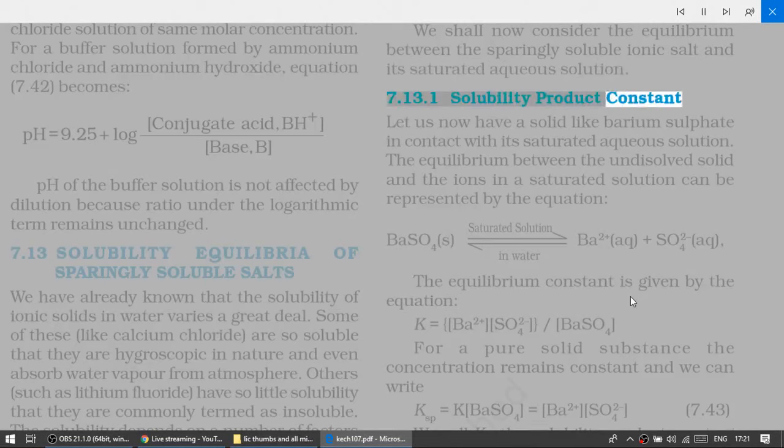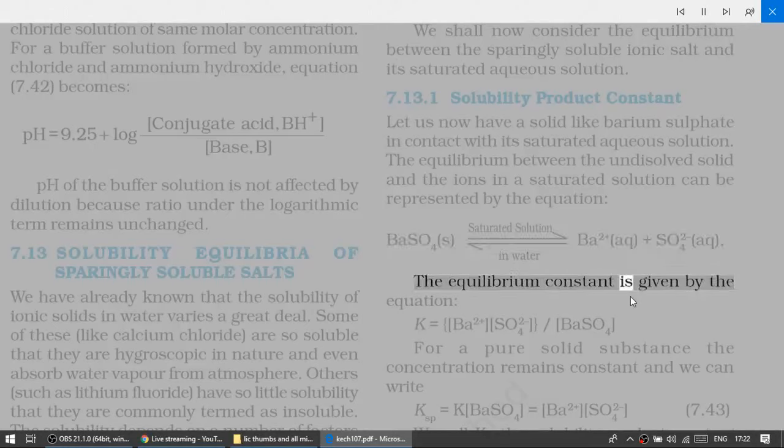7.13.1 Solubility product constant. Let us now have a solid like barium sulfate in contact with its saturated aqueous solution. The equilibrium between the undissolved solid and the ions in a saturated solution can be represented by the equation BaSO4(s) ⇌ Ba2+(aq) + SO42-(aq).